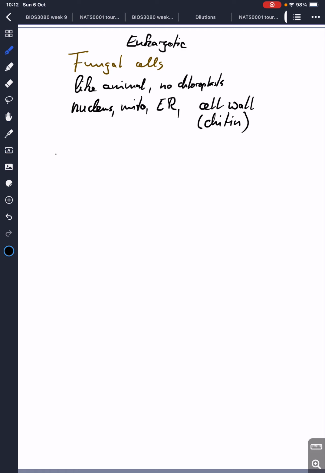Can they have more than one nucleus? And the answer is, eukaryotic cells can have more than one nucleus.